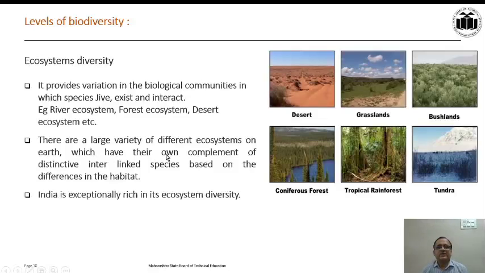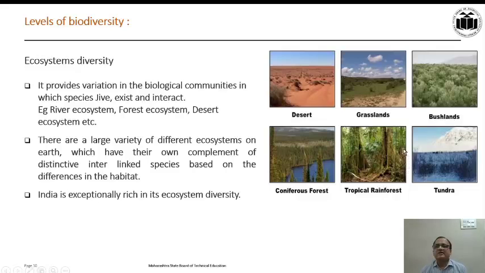There are a large variety of different ecosystems on Earth which have their own complement of distinctive interlinked species based on the differences in the habitat. India is exceptionally rich in its ecosystem diversity. Due to that, we are very fortunate.